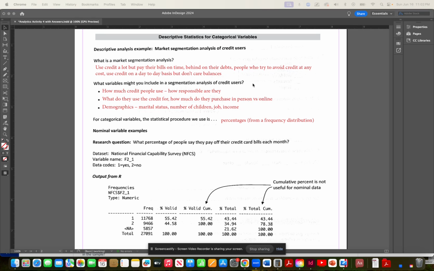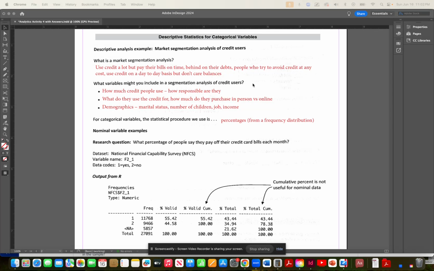make it to where as we're analyzing different credit users, we want to put them in similar categories. In this case, we might find that there are people who use credit a lot but pay their bills on time. And then we have those who might be behind on their debts.